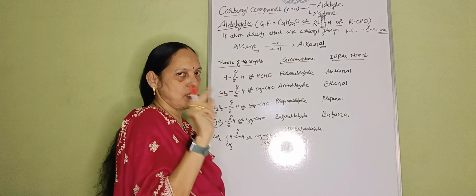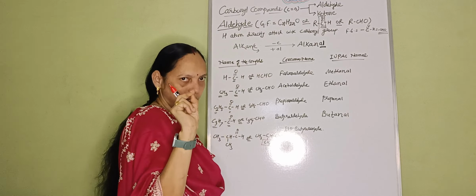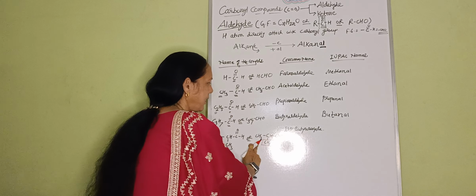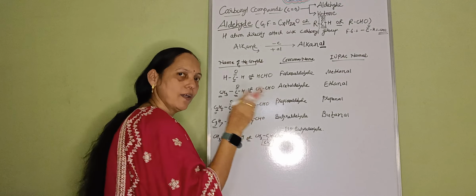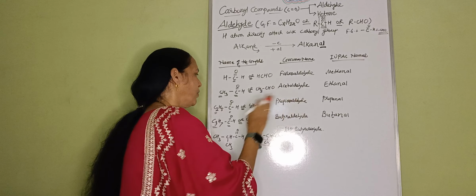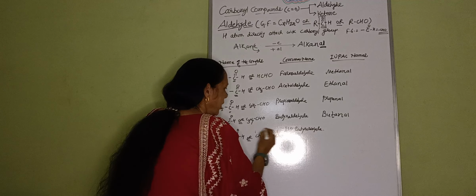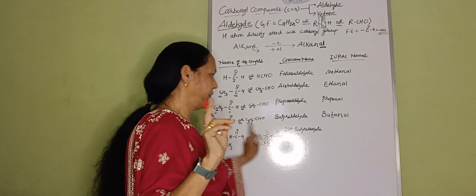The second number. If I start the numbering from here, it will be 1, 2, 3. If I start the numbering from here, it will also be 1, 2, 3. It means in both cases we get the second number.